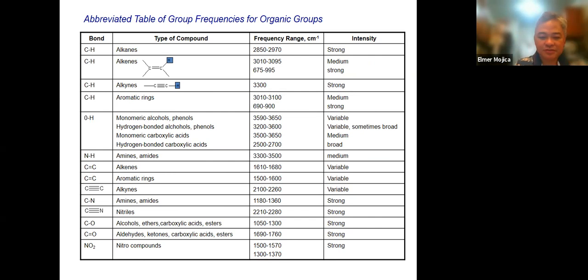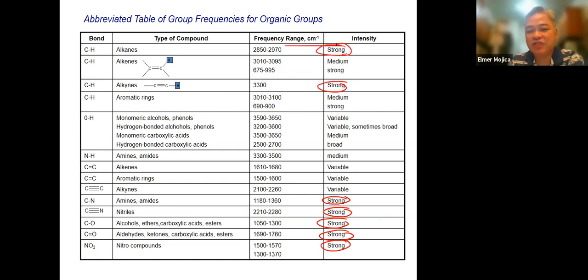Now, what can you say about those that have strong intensity? Look at this. Amine strong, cyanonitrile strong, alcohol strong, aldehyde strong intensity, NO2 strong, and CH is also strong.